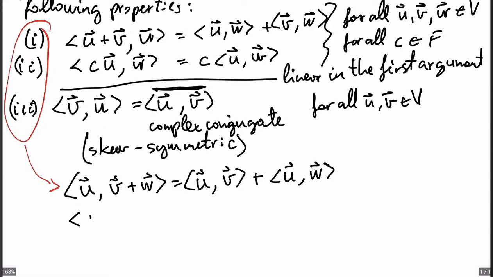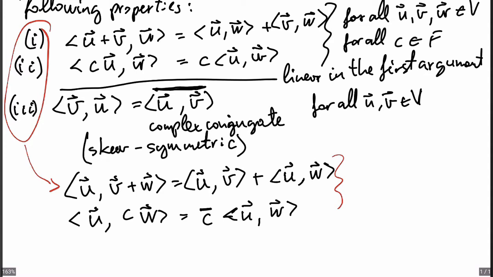And if you multiply in the second component with a scalar, that factors out as a conjugate of the original scalar. So this is easy to see. You can check using the properties. This property is called anti-linear in the second argument, or sometimes conjugate linear in the second argument.